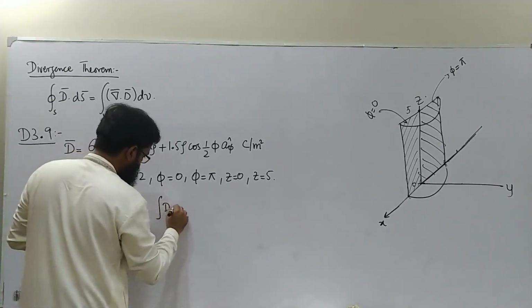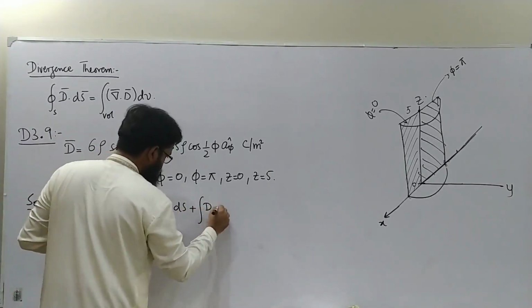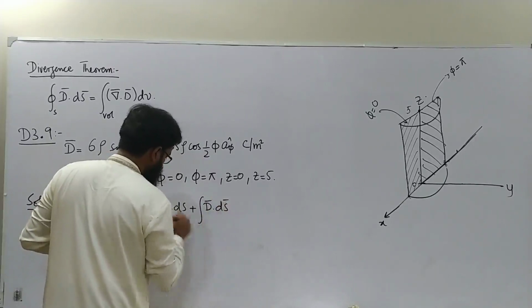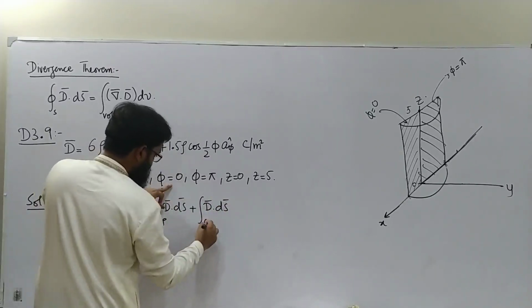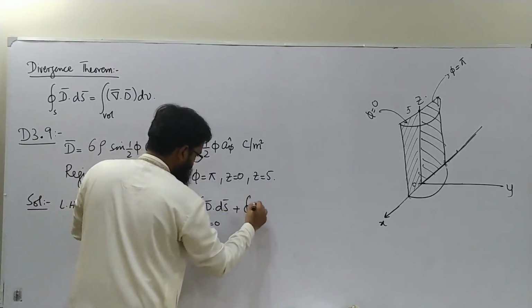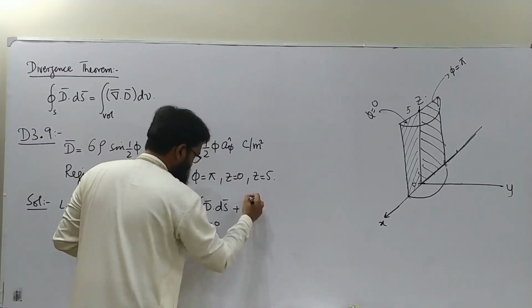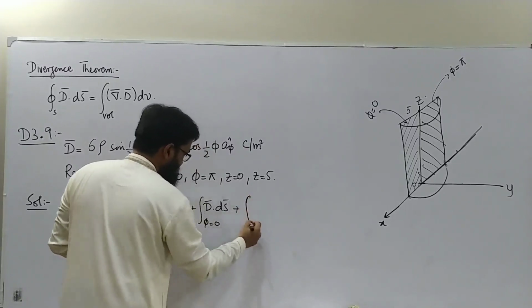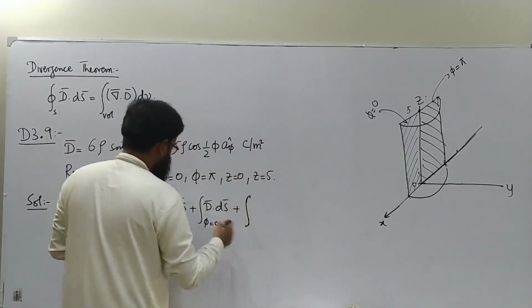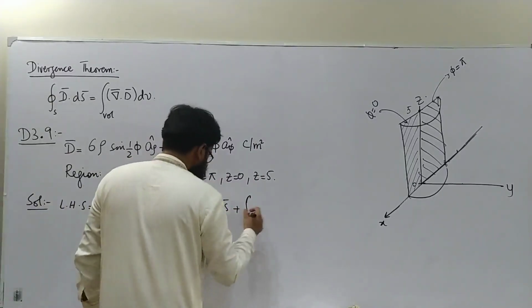D dot ds for rho, plus D dot ds for phi equals 0, plus, no, I should not use the closed loop now, because individually all the surfaces are open, combined they are forming a closed surface.